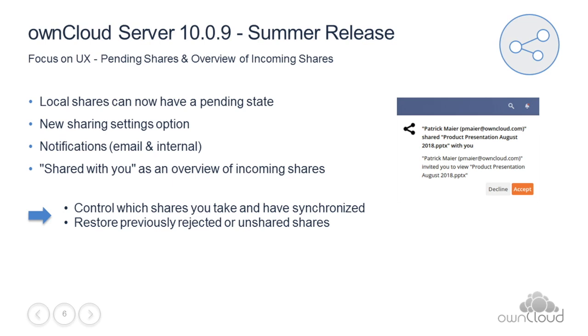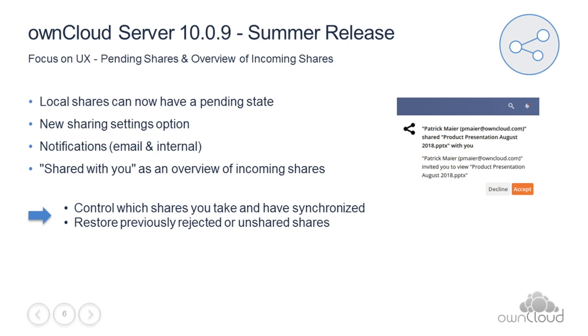As you might know from federated sharing, there can be a stage between a user sharing a file with another user, which is the pending state, so to say. So a user can decide if they want to get the share or if the user doesn't want it.